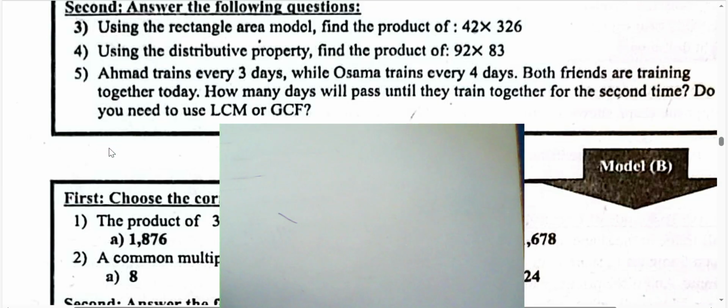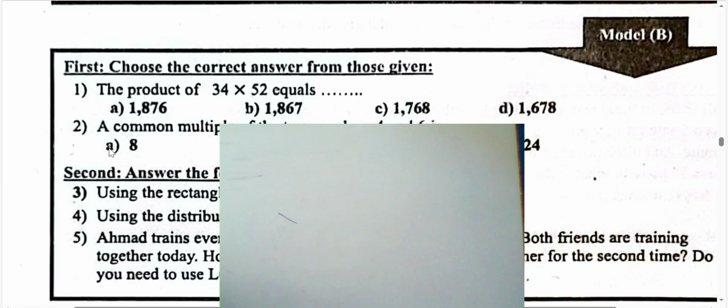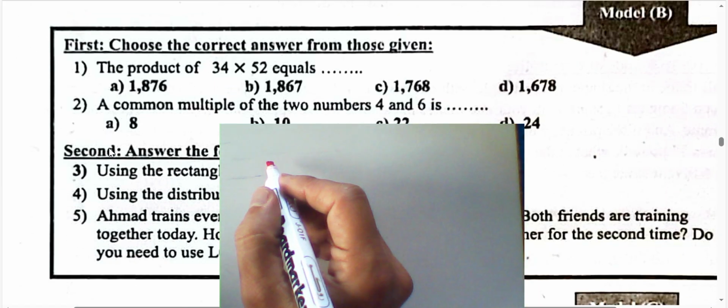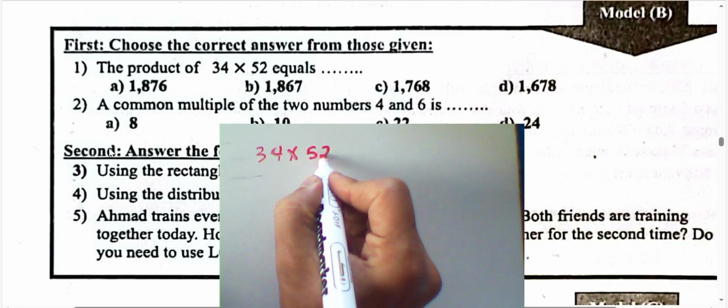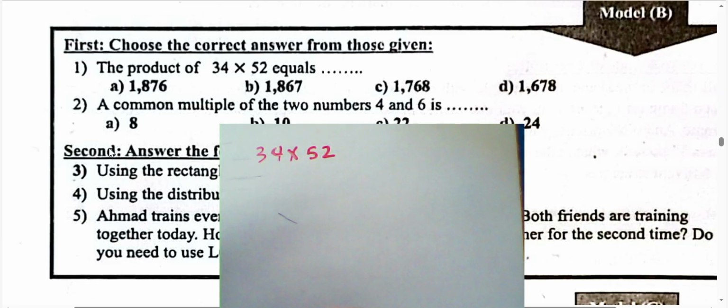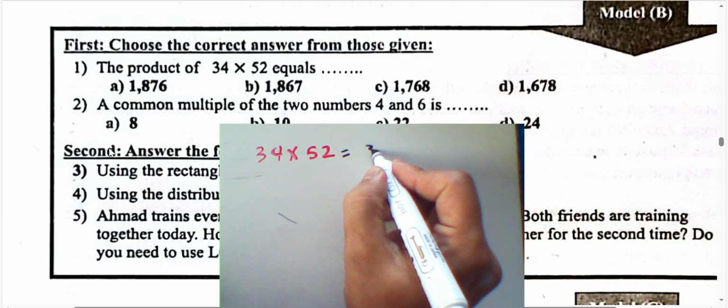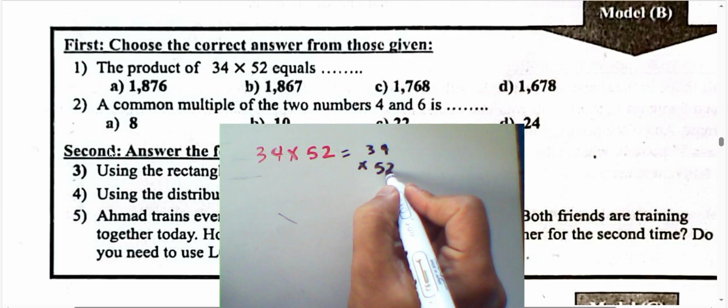Okay, next question. The product of 34 and 52 equals 34 times 52. We can write here 34 and 52.